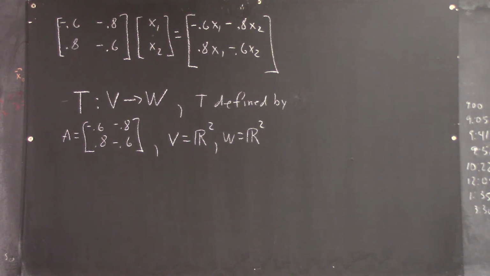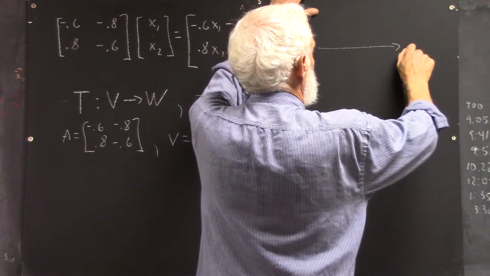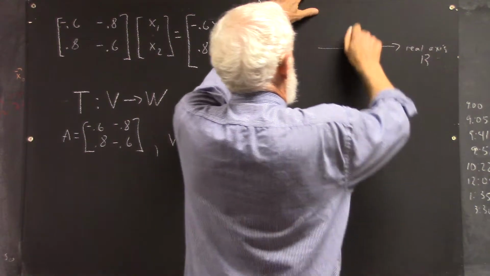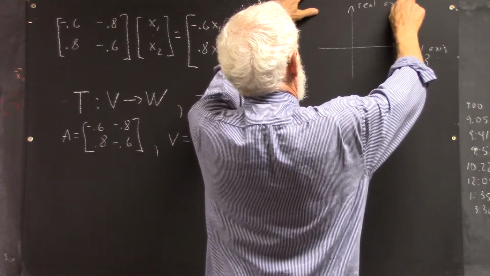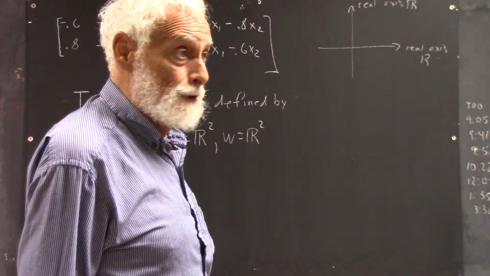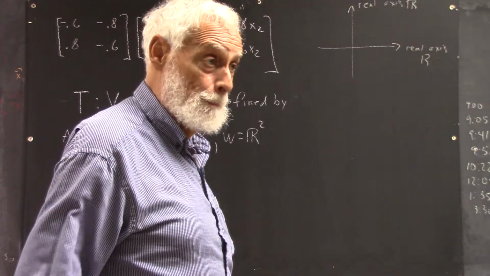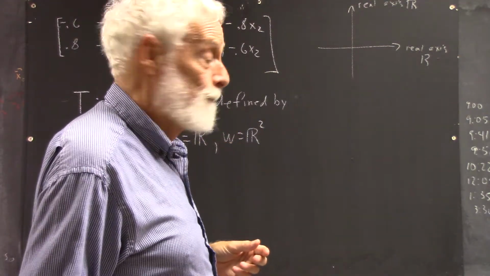You know what R2 is? Okay, here's R2. I mean, here's your depiction of R2. Here's a real axis. And here's a real axis, right? It's just like your XY coordinate system, but you can call it T, U, or whatever, okay? Call it anything you want to.